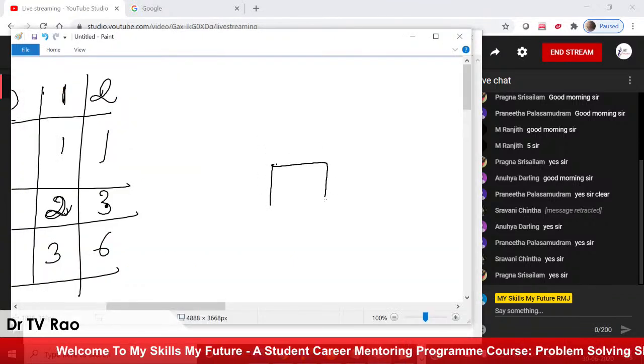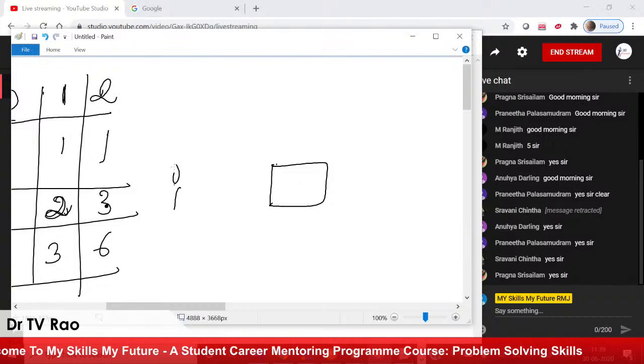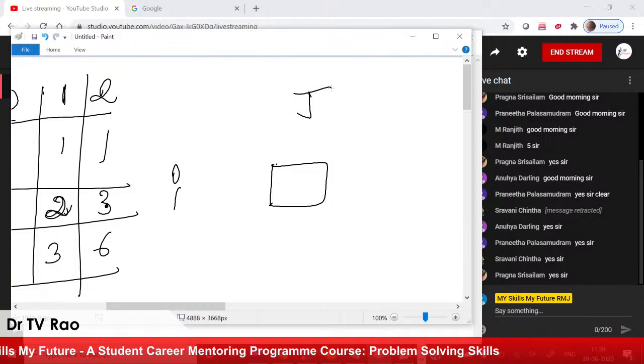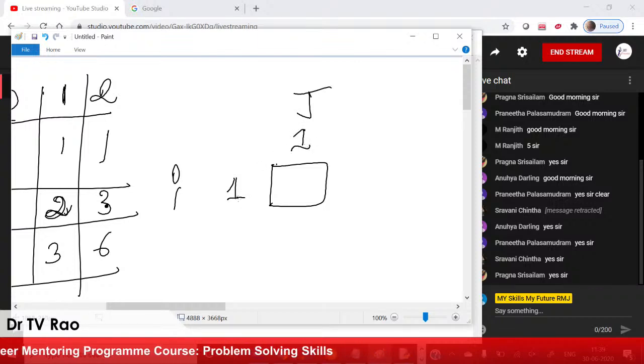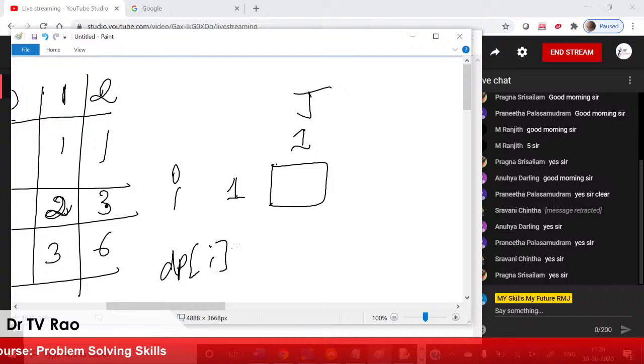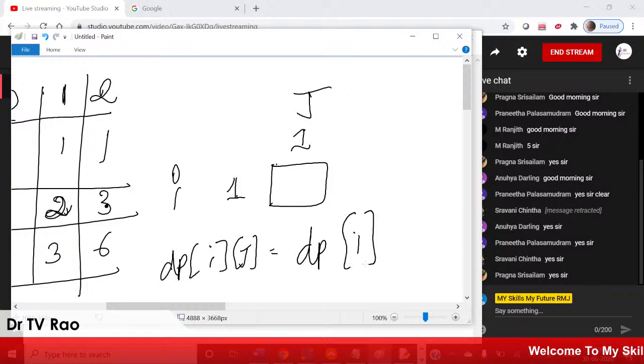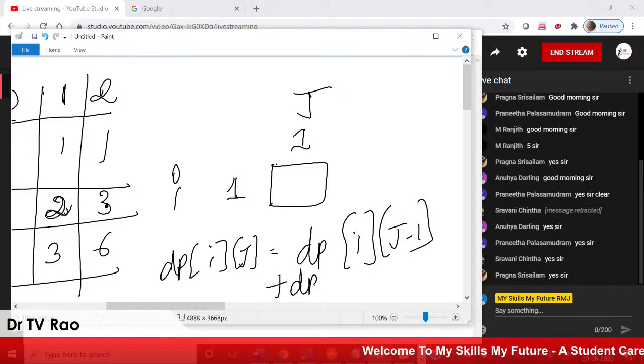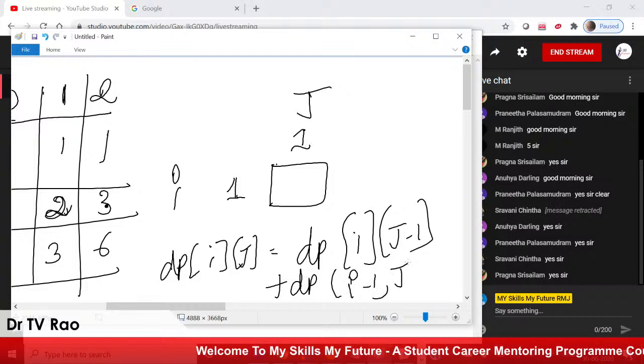so this is i and this is j. The score here is 1. What is the score? So dp[i][j] is equal to dp[i][j-1] plus dp[i-1][j].